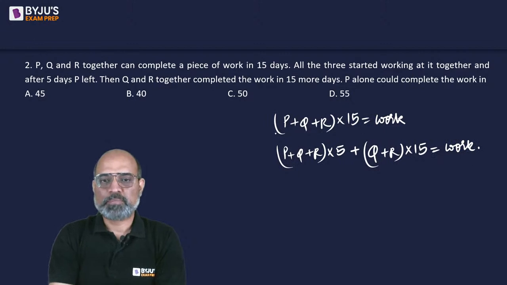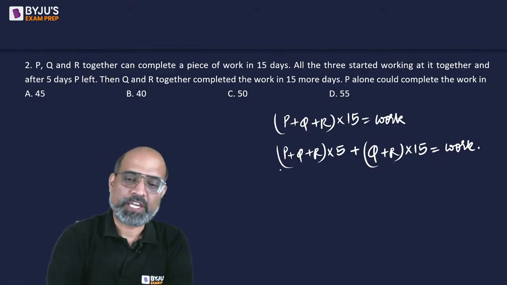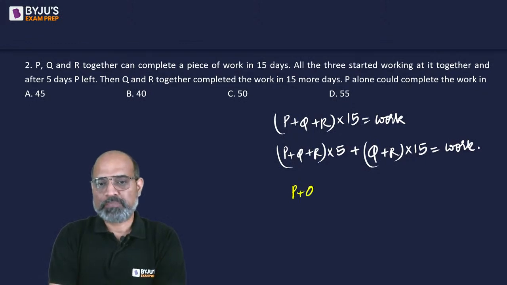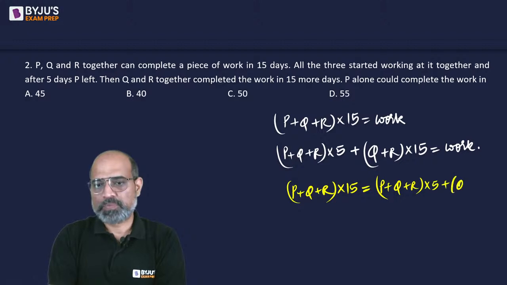So the LHS of both the equations are the same. If we equate them, we will have P plus Q plus R into 15 equals P plus Q plus R into 5 plus Q plus R into 15.